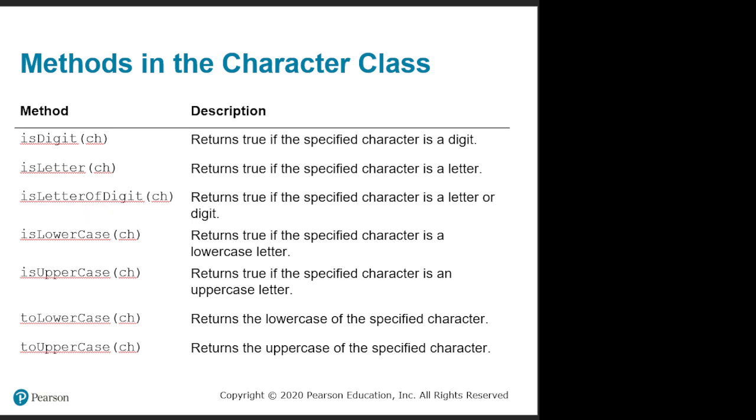IsLetterOrDigit returns true if it is a letter or a digit. (I think the book has a typo there.) IsLowercase will let you know if it's a lowercase letter. IsUppercase will return true if it's an uppercase letter.